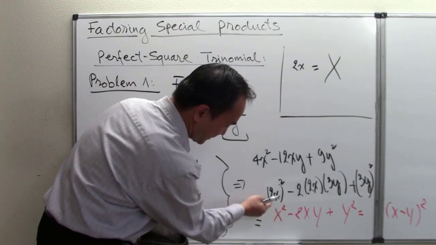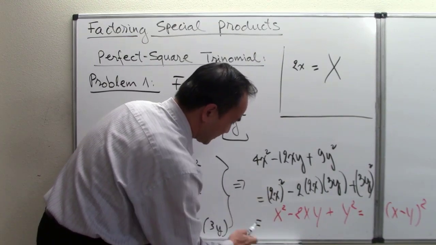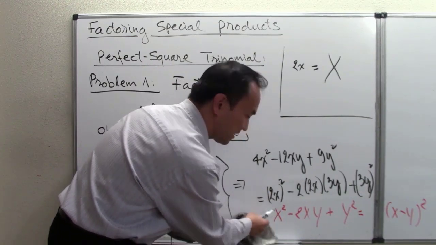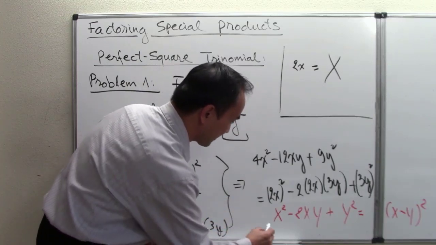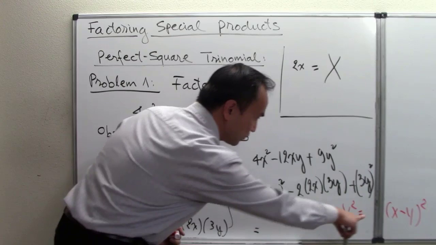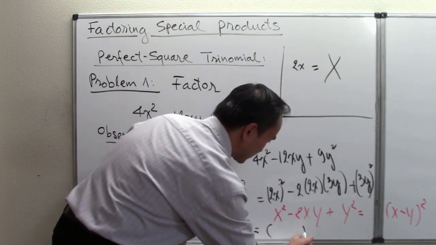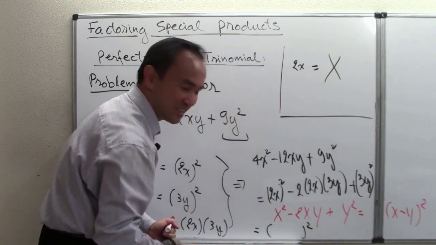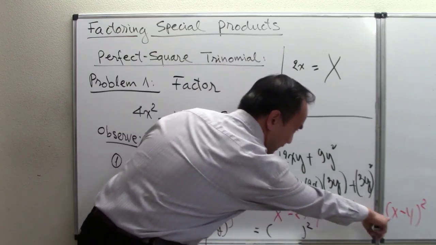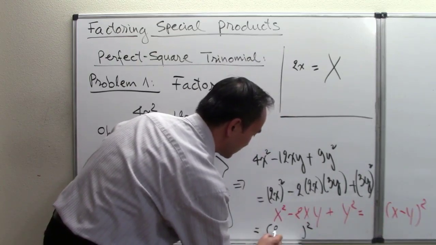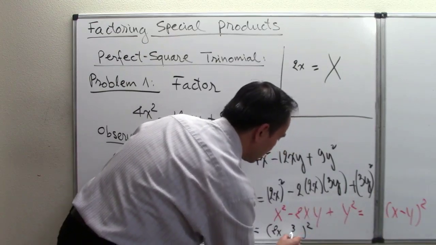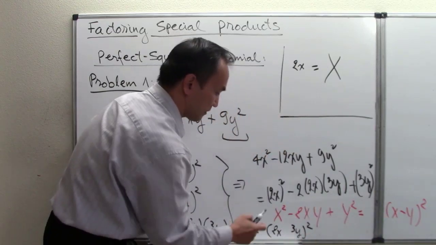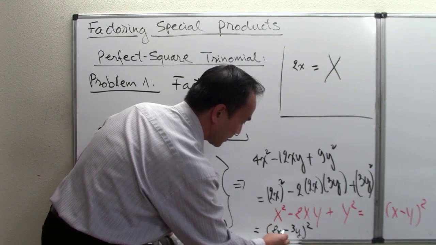That means capital X is substituted by the 2x. So formally speaking, in the black ink that belongs to the actual problem, we can produce one pair of parentheses with the square. The capital X here is simply the 2x, the capital Y here is just the 3y, and now it's a minus sign between these two.